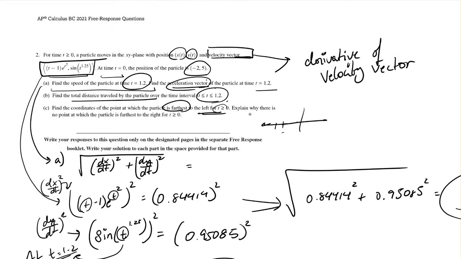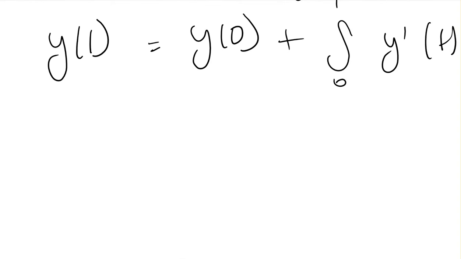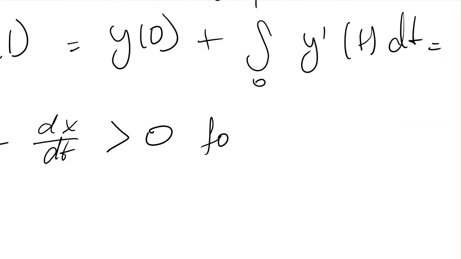Now, there's a little bit of the question still left. It's asking you to explain why there's no point at which the particle is furthest to the right for any t greater than 0. That's true because dx/dt is greater than 0 for t greater than 1.